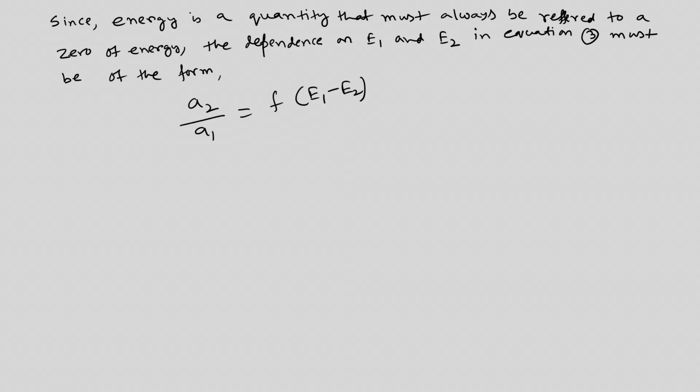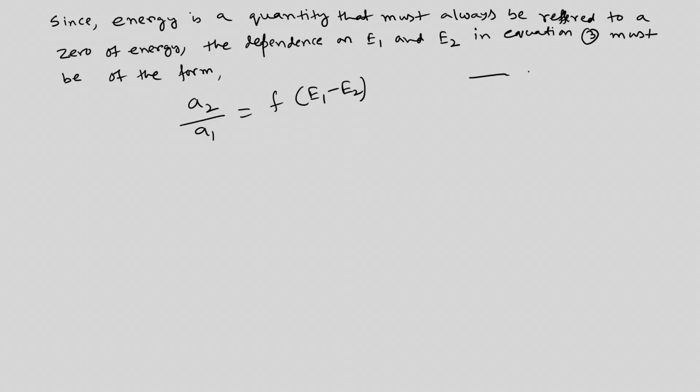Because energy is a quantity that must always be referred to a zero of energy, we need to consider one zero of energy. So, the dependence on E1 and E2 in equation 3 must be of this form. Suppose we call this equation 4.